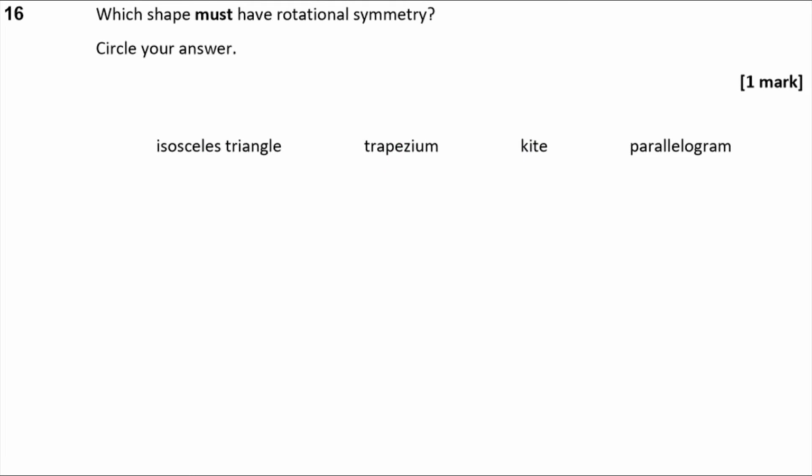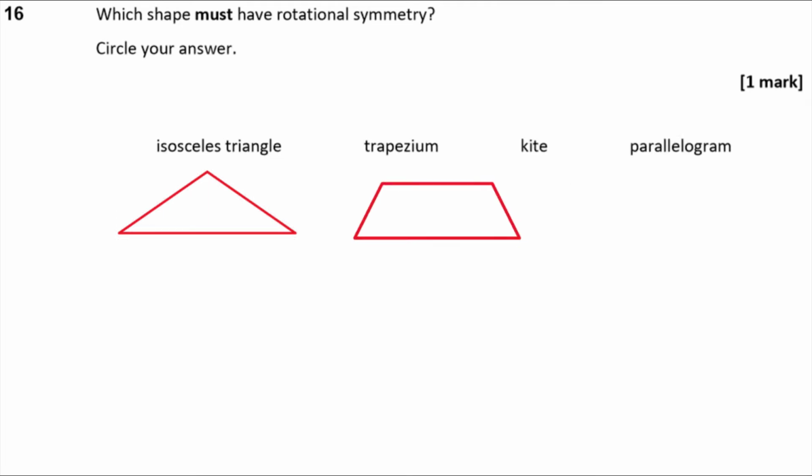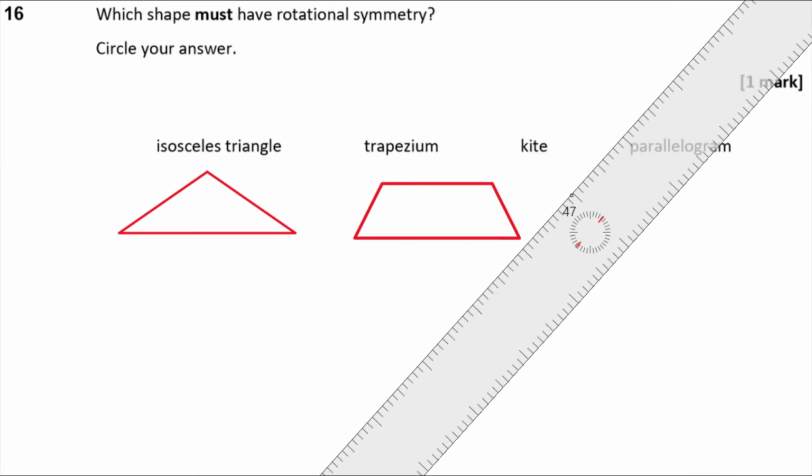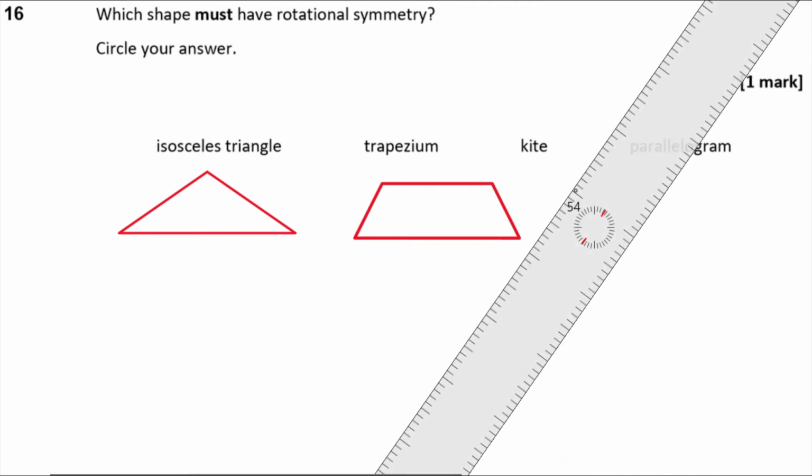Question 16. Which shape must have rotational symmetry? Circle your answer. Now what this question is missing is diagrams. You haven't got any pictures of any of these things. So let's quickly sketch these in. So that's an isosceles triangle, isn't it? A trapezium. What does a trapezium look like? Okay, that will do. So there's my trapezium. A kite. I have to draw this one with a ruler because it wouldn't let me draw it with the auto shape.